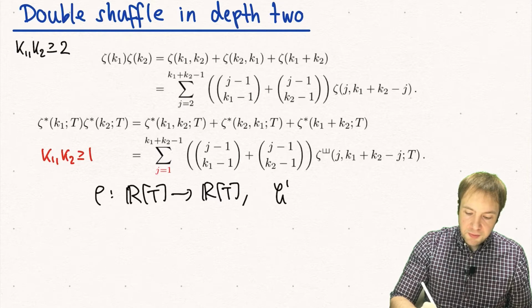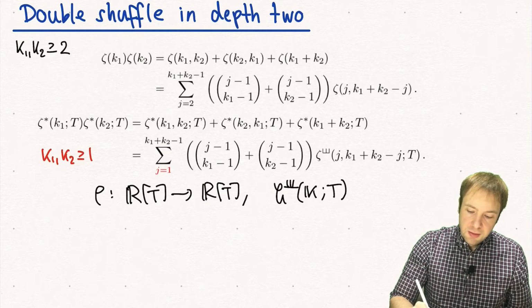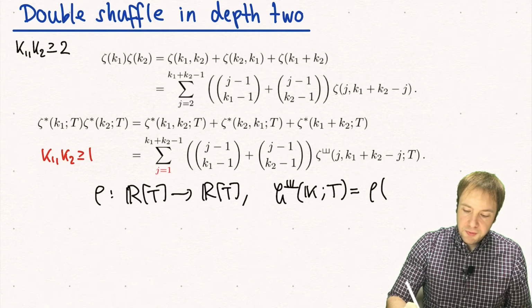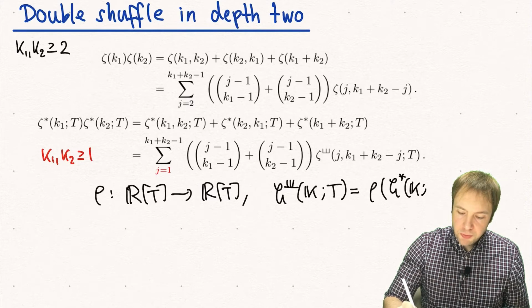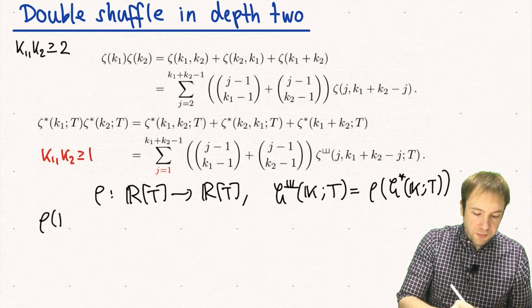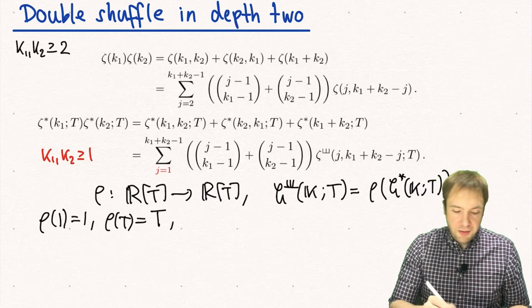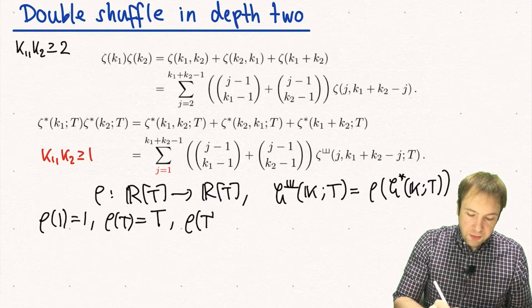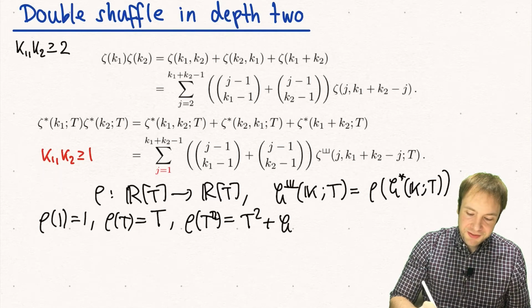Then we saw that the shuffle regularized multiple zeta value of some index can be obtained from the stuffle regularized one by applying this map rho to this polynomial. We also saw that rho of 1 is just 1, rho of the variable t is just t, so it doesn't change anything there, but starting with t squared gives t squared plus zeta 2.